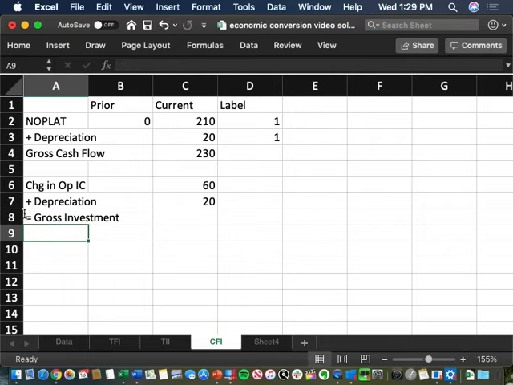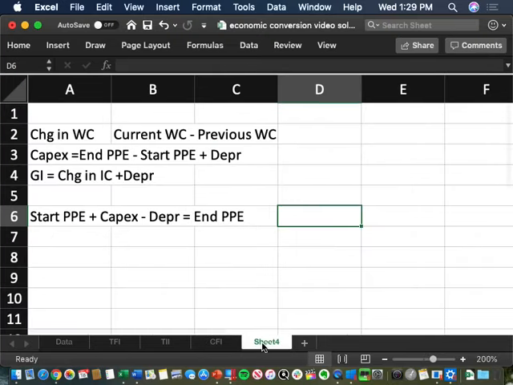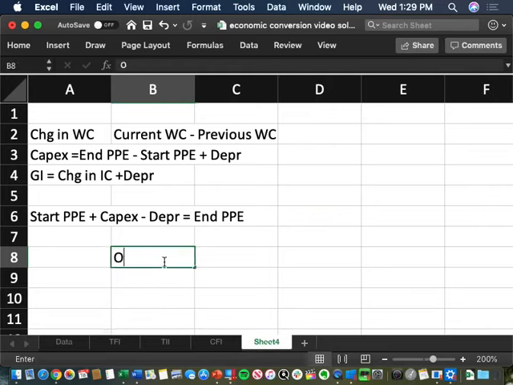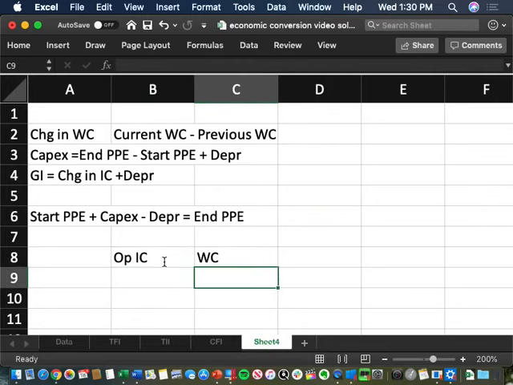Now you might say, where'd the 20 come from? Okay. Put some formulas over here on the 4th sheet. All right. So if you think about what's actually happening here, operating invested capital is basically working capital plus PP&E.